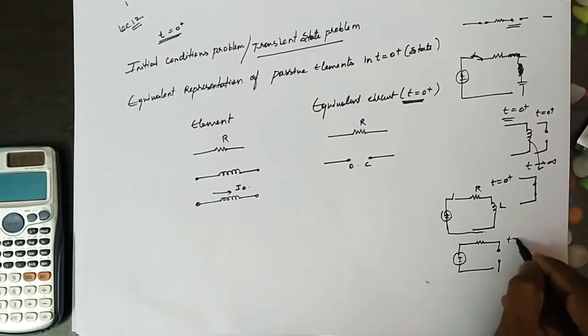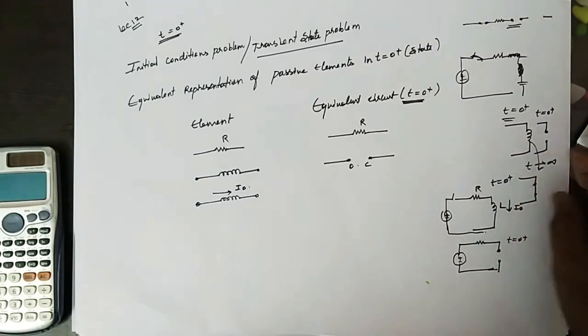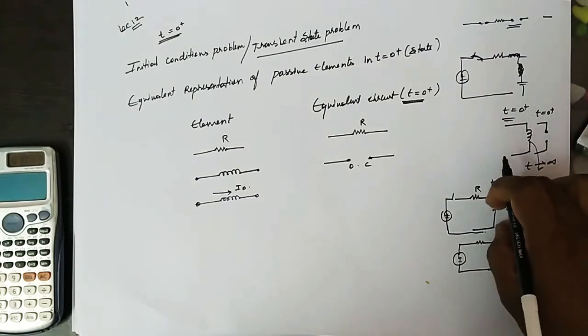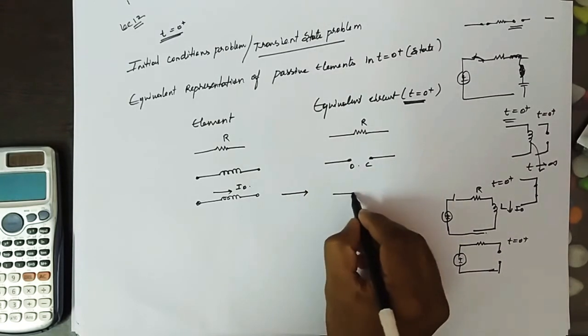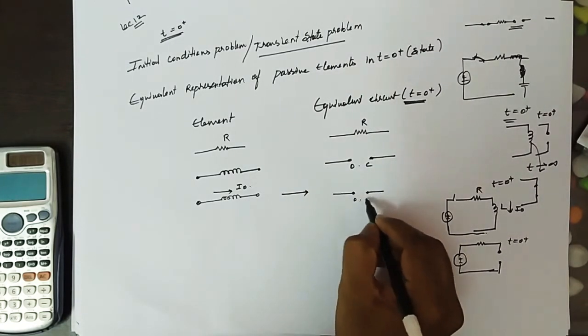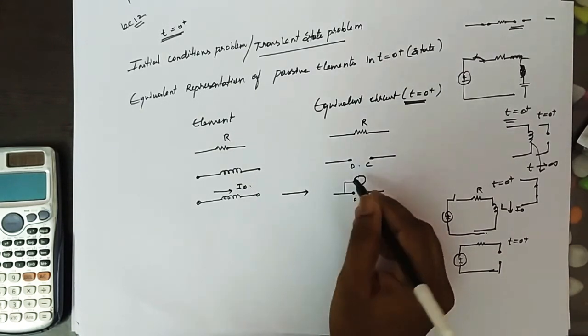If this inductor has an initial current I naught, that means it was energized by some circuit and we place that inductor here, then the inductor is an open circuit, but the initial current will be represented like this.